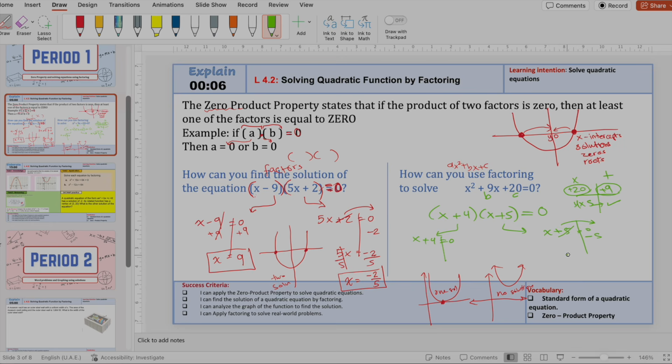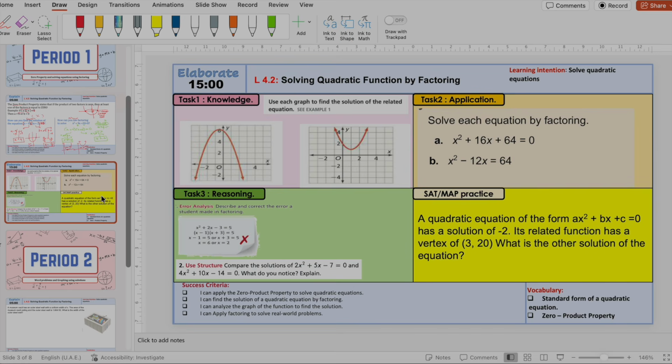Now you have x equals 0 minus 5, which is negative 5. This is one of the zeros, one of the solutions, one of the x-intercepts. Here, same thing, take the 4 to the other side. Now you have x equals negative 4. These are the two zeros. It's a very nice, easy concept.